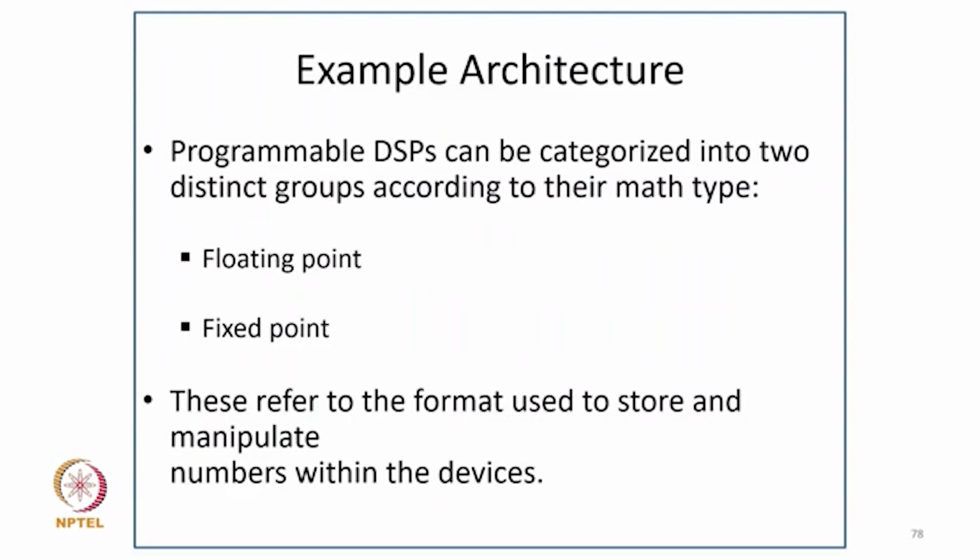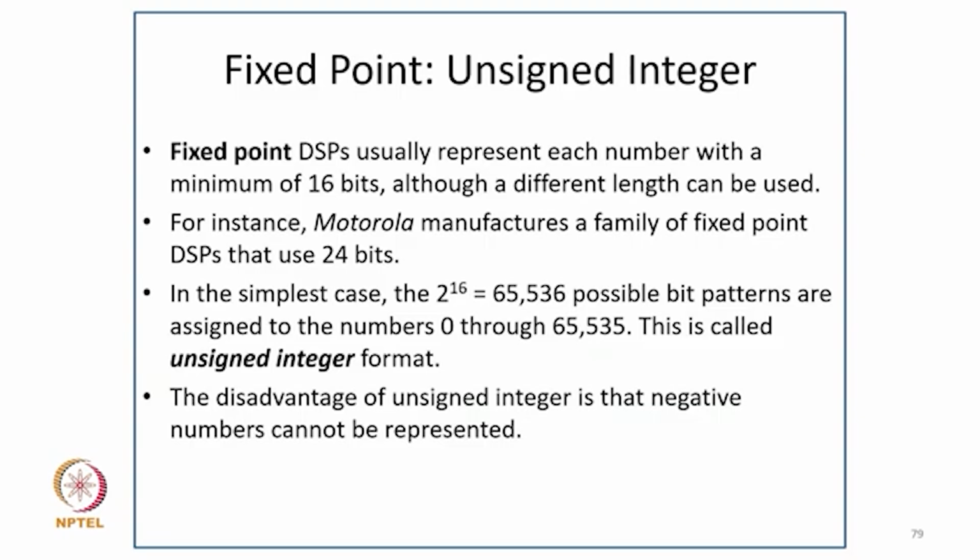The programmable DSP can be categorized into two distinct groups according to their math type: floating point and fixed point. These refer to the format used to store the manipulated numbers within the device. Fixed point DSPs usually represent each number with a minimum of 16 bits, although a different length can be used.